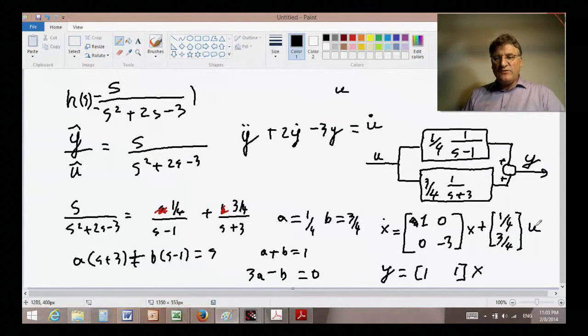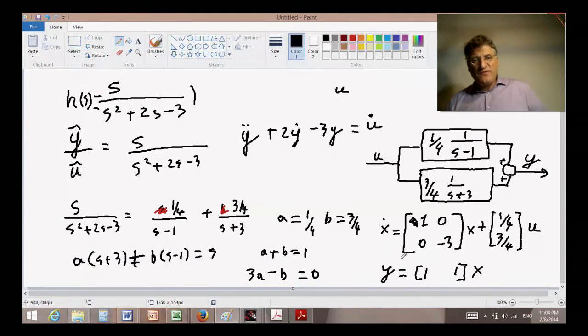This is fine, and we see that we don't need u dot in order to find a state space representation of this transfer function.